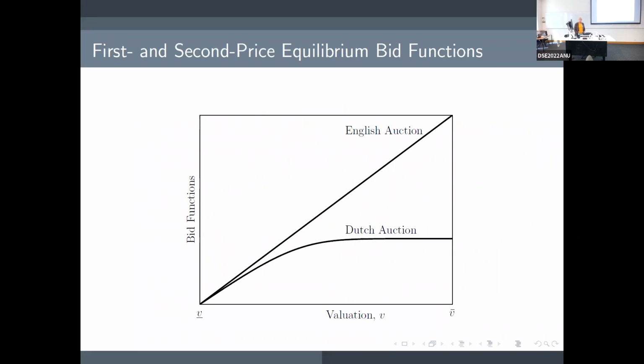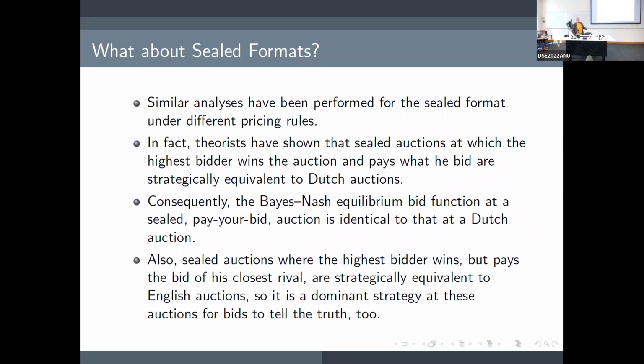If you observe the distribution of bids at an English auction, you know the distribution of valuations. Whether you can non-parametrically identify the distribution of valuations from the Dutch auction is another matter. It was an unresolved question, which Guerre, Perrigne, and Vuong resolved.